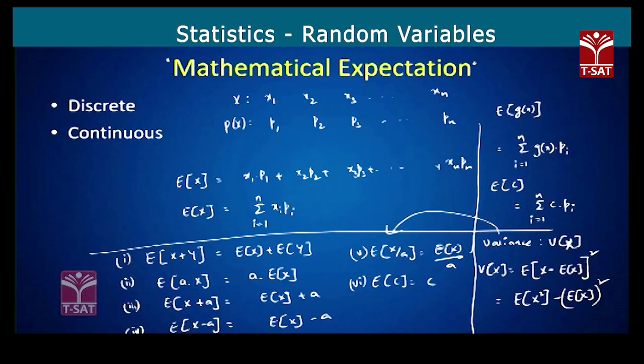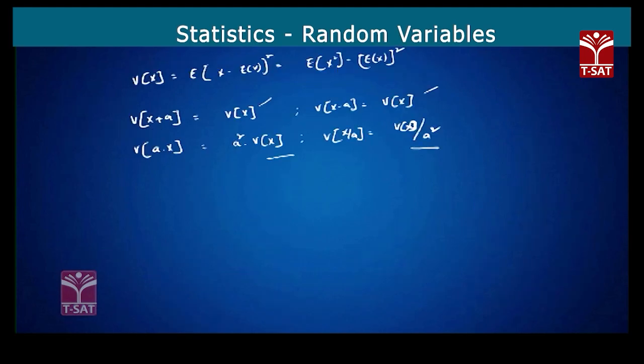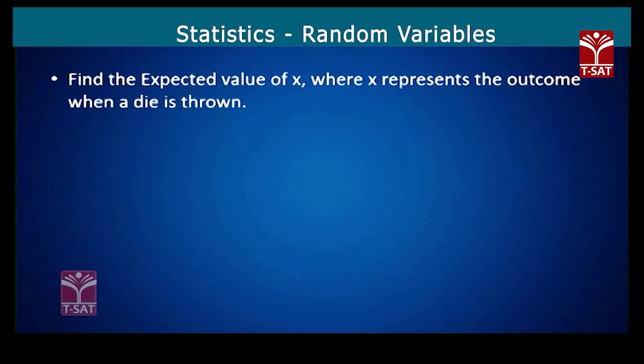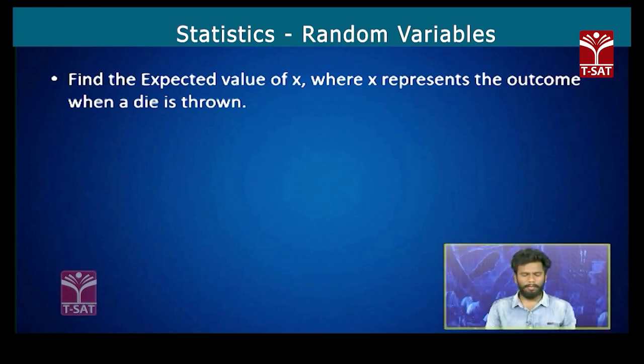Now we will see a small example on this mathematical expectation. Then we will see the mathematical expectation in terms of continuous random variables. Check the example here. Find the expected value of x where x represents the outcome when a die is thrown. So first, take a random variable and the probabilities of x.